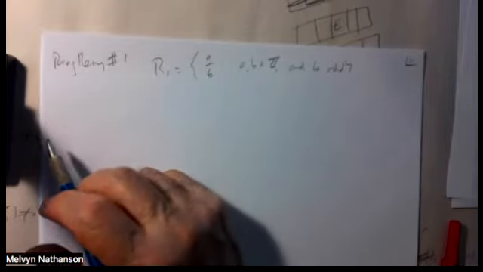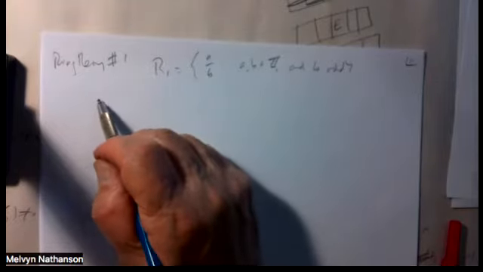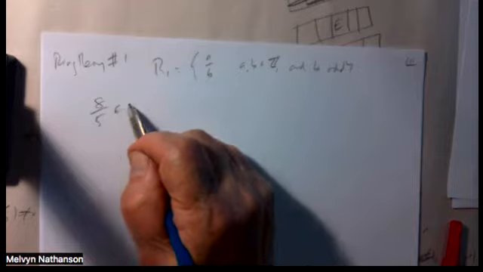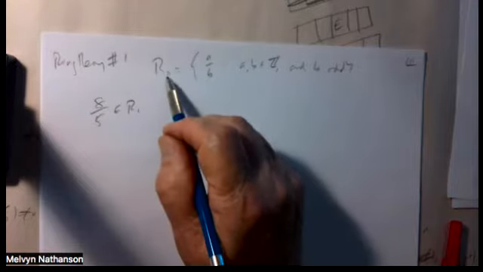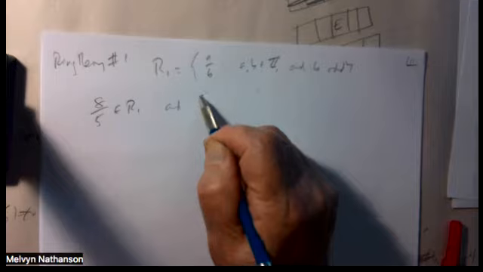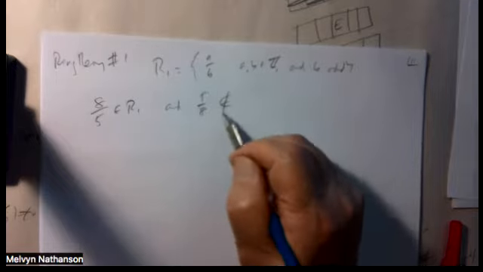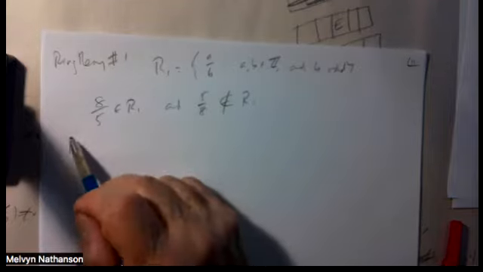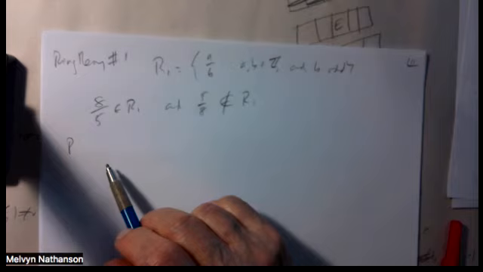So a number like 8 over 5 is in R1 because the denominator is odd, and 5 over 8 is not in R1 because the denominator is even. This is when you write the fraction in lowest terms.